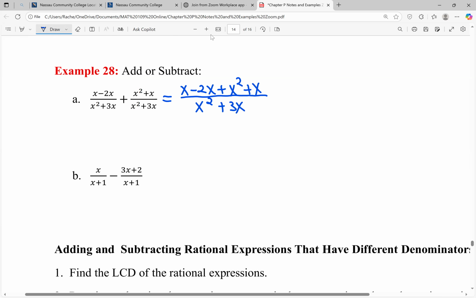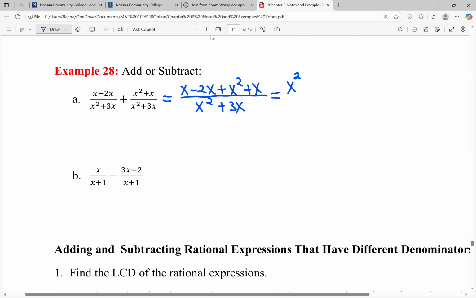Combine like terms in the numerator. So we're going to have x squared. And then we can combine the x and the negative 2x, right? So x minus 2x is going to be negative 1x, and then I'm going to add x.